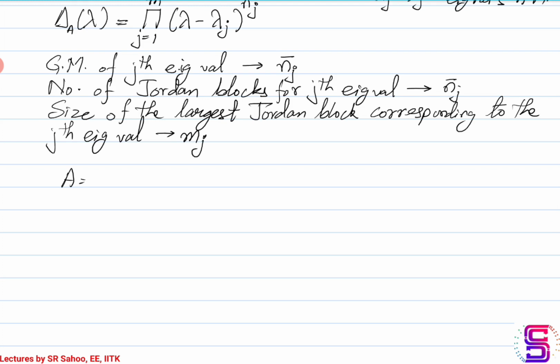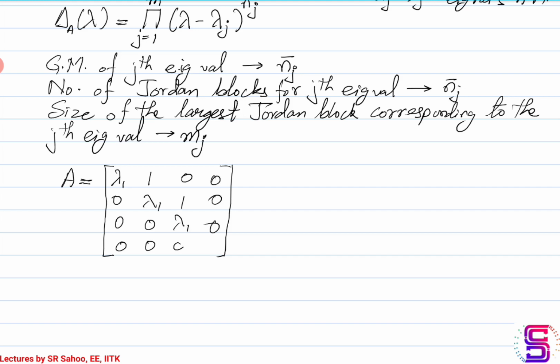For example, if I consider a matrix A whose Jordan form is of this form: lambda 1 0, lambda 1, 0 1 0 0 lambda 1, and so on.